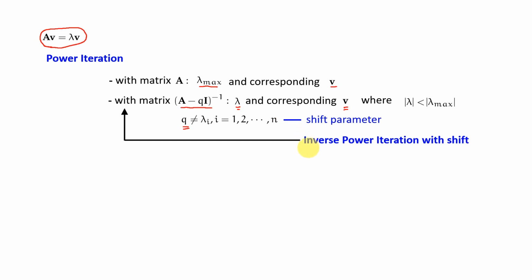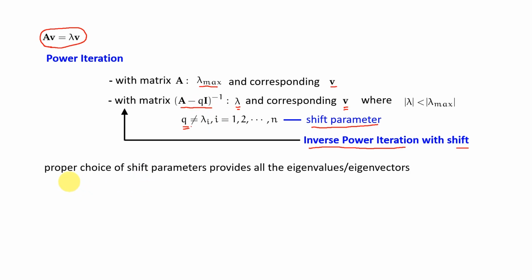And this technique is something we call inverse power iteration with shift. Here this Q is called the shift parameter, and this is called inverse power iteration because we are having power iteration over the inverse of a matrix, and it has certain tricks that we'll see quickly. This is not on any matrix, it is the inverse of a certain matrix.